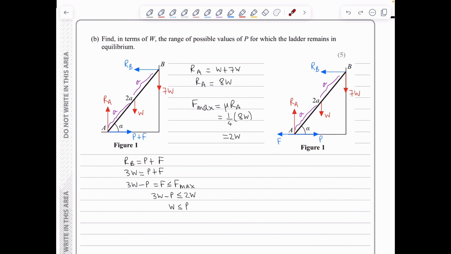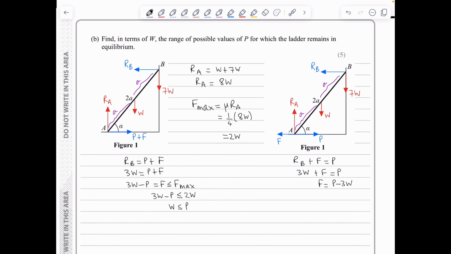Once more, we can equate the horizontal forces, so RB plus F must be equal to P. Let me write this down: RB plus F is equal to P. Now we know that RB is 3W, so F is P minus 3W.